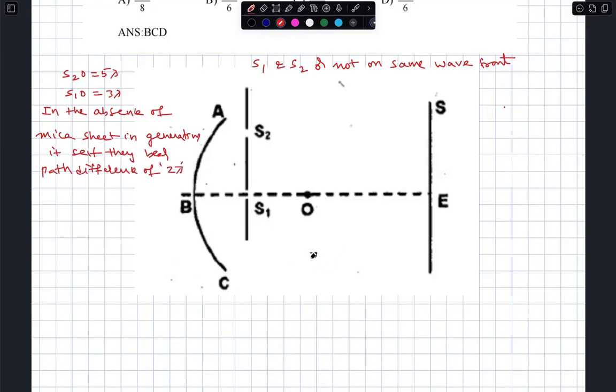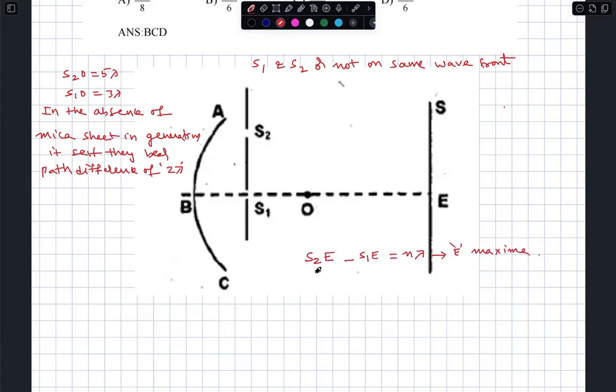Now I am working on S2E minus S1E. If equal to an integer multiple of lambda, E becomes maxima.